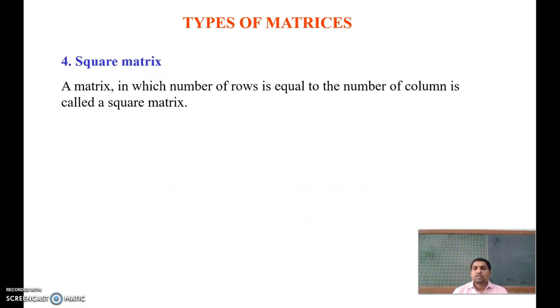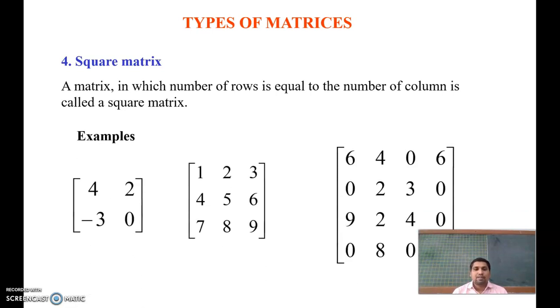Now next, the square matrix. A square matrix is a matrix in which the number of rows is equal to the number of columns. It means the number of rows and the number of columns should be the same in that matrix. So we'll see examples of it.